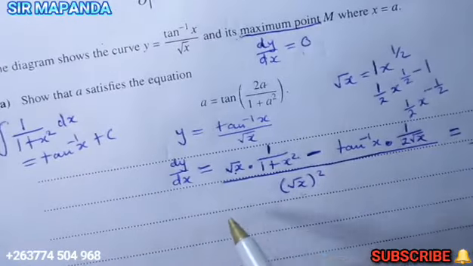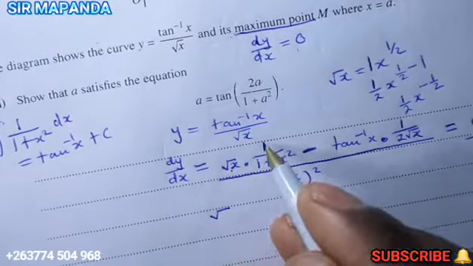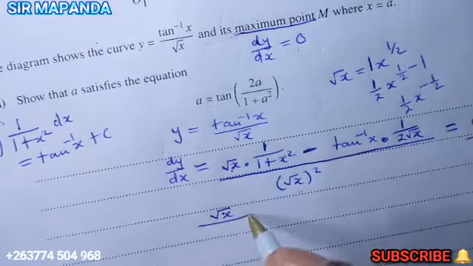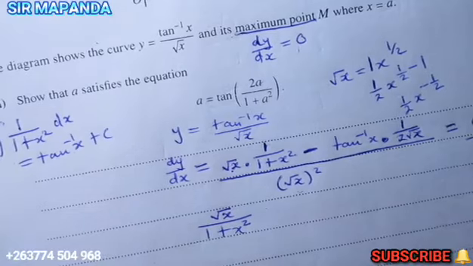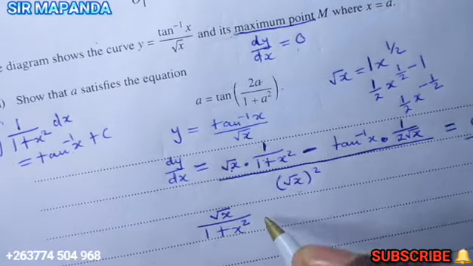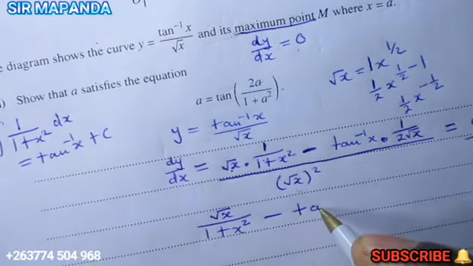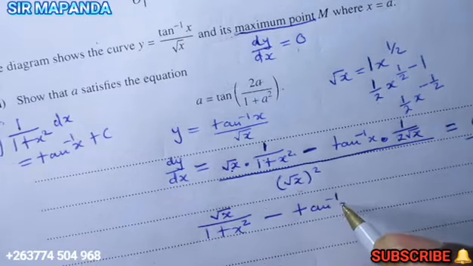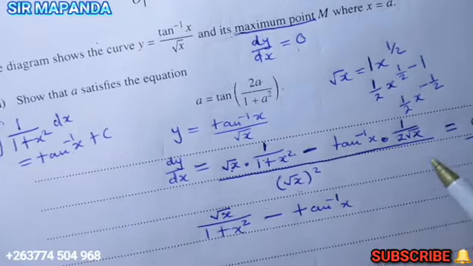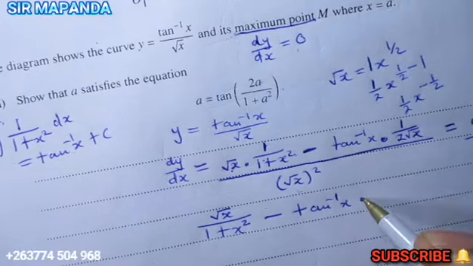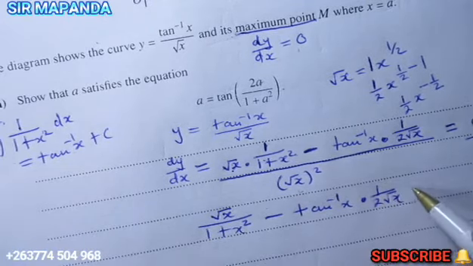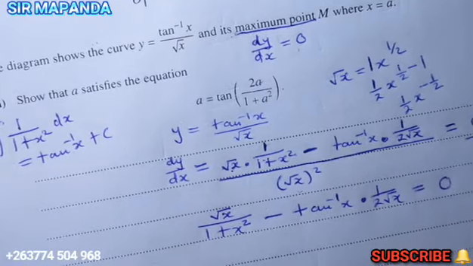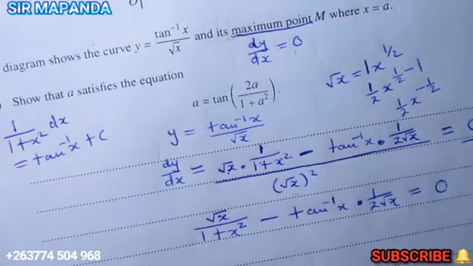You will be left with root x times 1, you get root x over 1 plus x squared, right, on your left side, minus arctan of x, right, dot product 1 over 2 root x, equals 0. I hope you are listening, right?